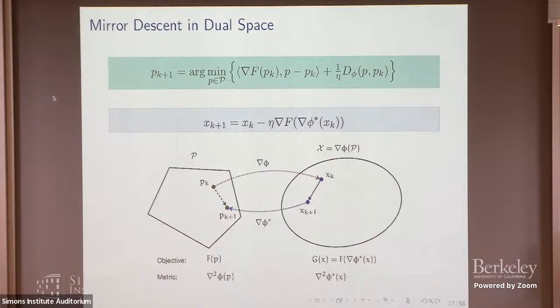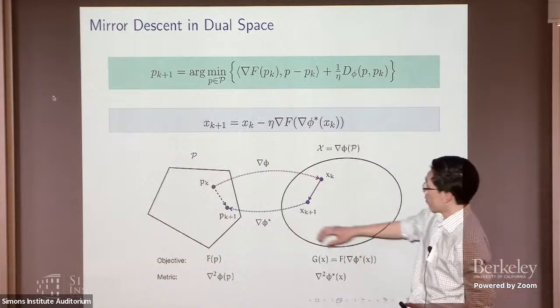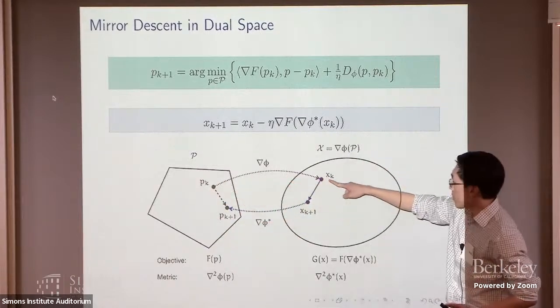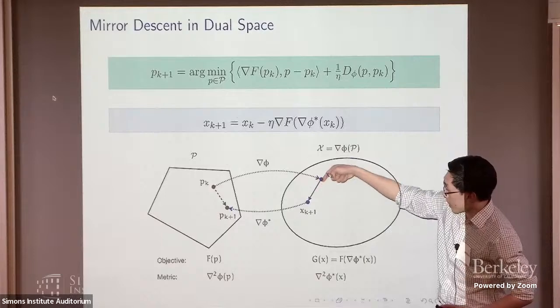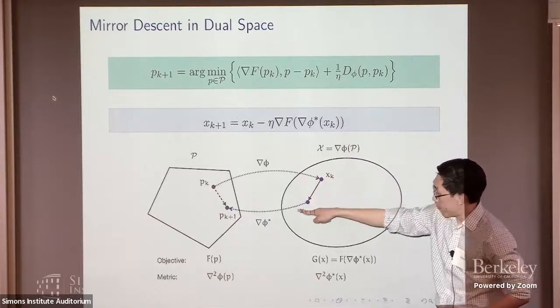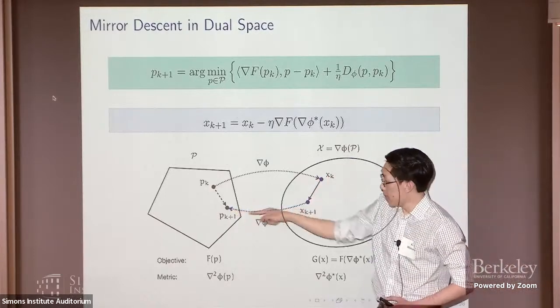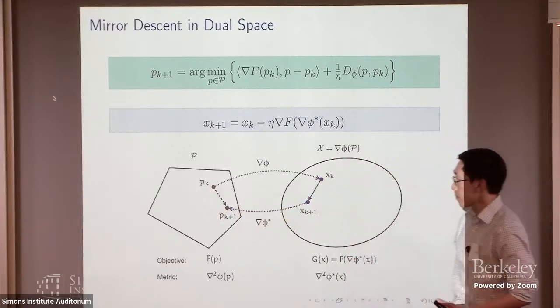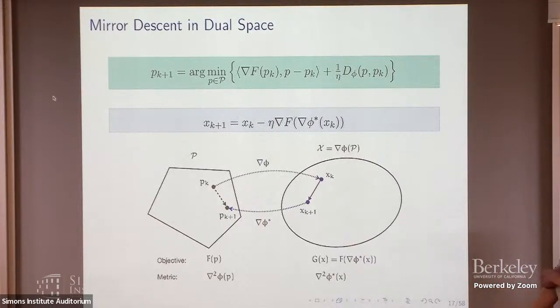So you may have seen this figure to illustrate mirror descent usually, where we are in some constrained domain. So from pk, we first map to dual space. We do the gradient update here, and then we invert this back to get our new point. And this inversion may require projection or you stay in the domain. And what happens here is that in the original problem, you are trying to minimize some function f.